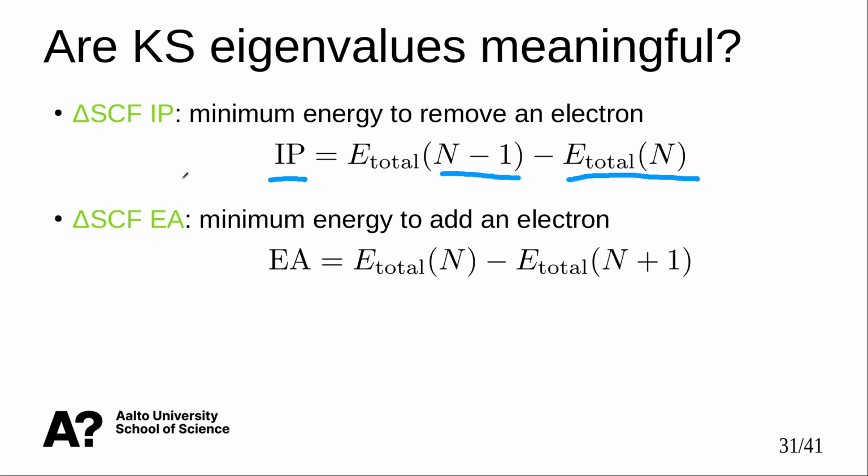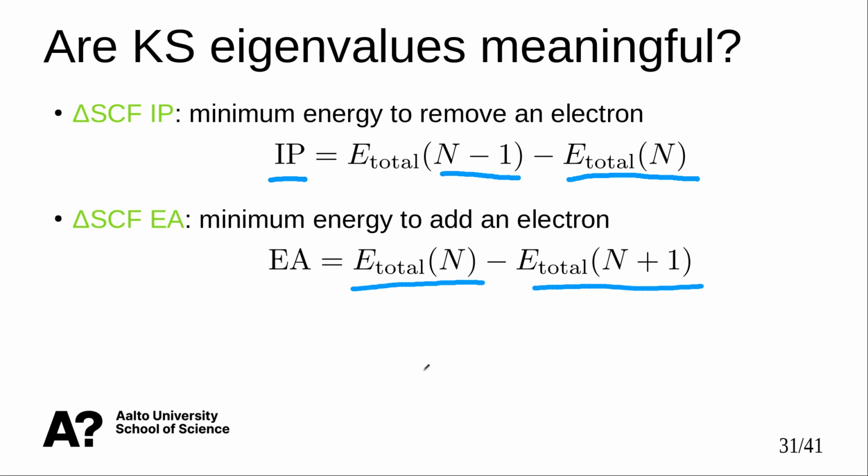In the exact same way, we can calculate the electron affinity. That's the minimum energy needed to add an electron. Here again, we compute the total energy and then we subtract the case where we add an additional electron.